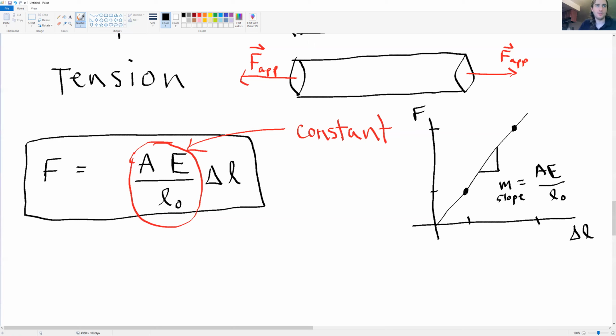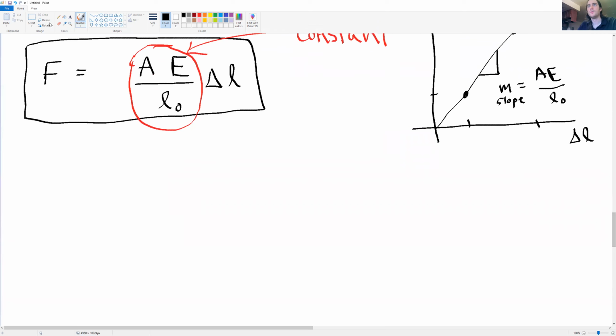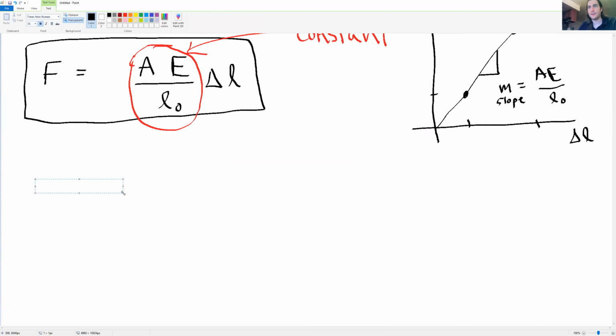All right, let's do an example now. I've been talking for almost 40 minutes, probably should have done an example. Let's do an example from the book. I'll type it up here just to save some time. It's tension in a piano wire.